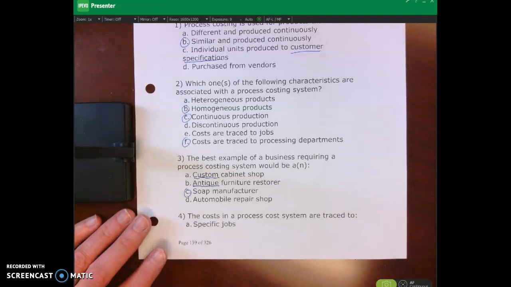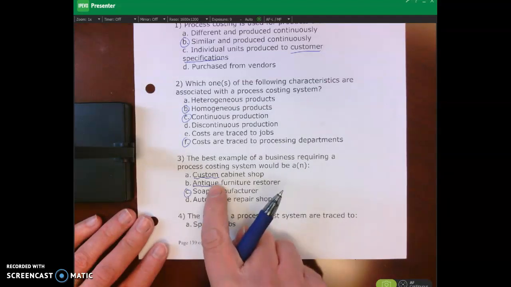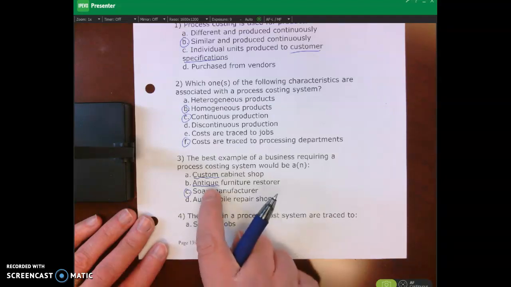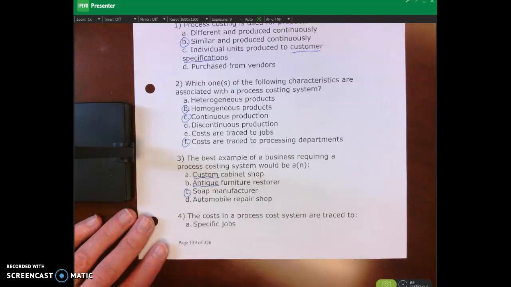If you bring in your antique to a furniture restore, they give you a ticket showing how much it costs in materials to fix up your antique and how much it costs in labor. They're tracking their time and the materials to fix your antique. Your antique in that situation is the job, so this would be more of a job order costing idea.